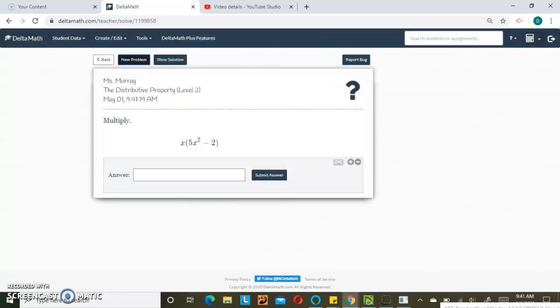Okay, let's do one more. Let's see if we can make it a little bit more complicated. Okay, let's do this one. There's a lot of negatives in it.